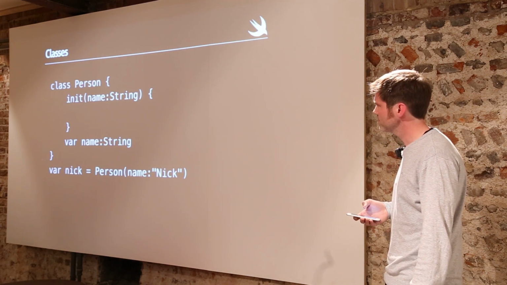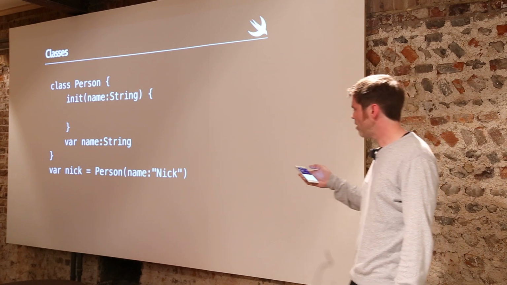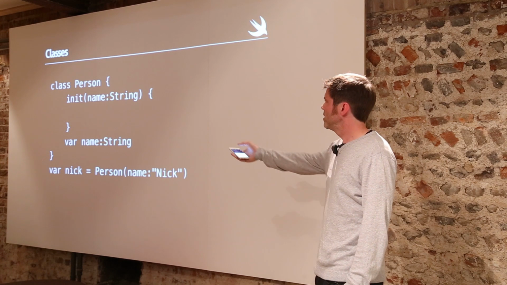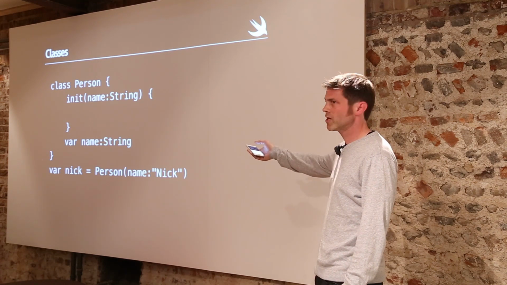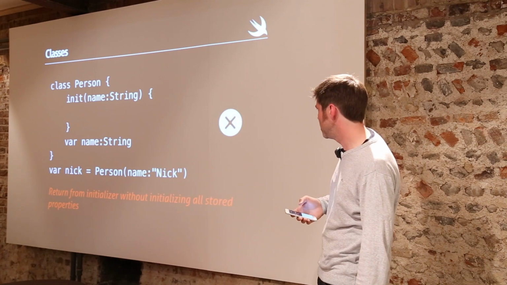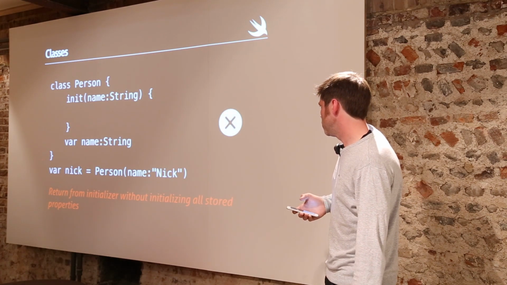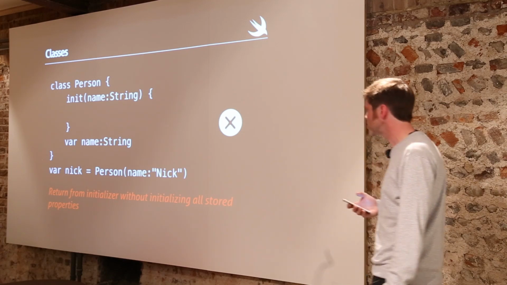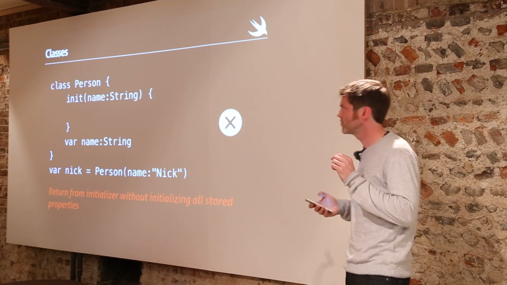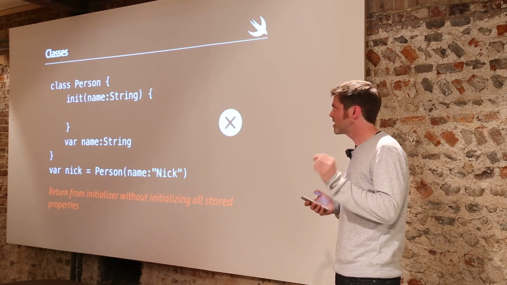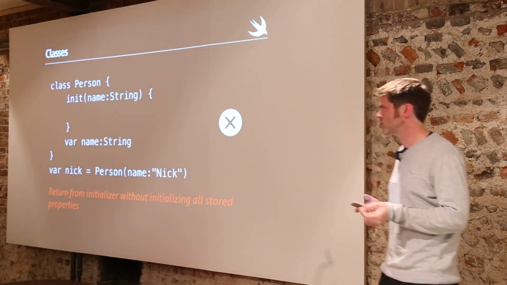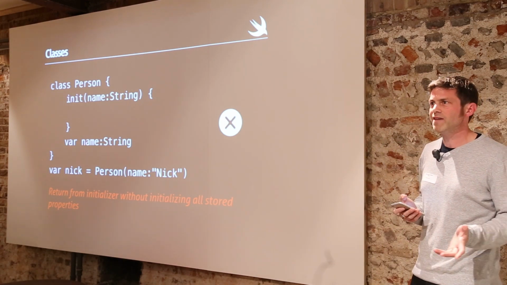Now, one thing I'm trying to highlight here is that this code is going to actually generate compile time errors. And the reason behind this, we've returned from initializer without initializing all stored properties. So basically, we've declared that our class of person has a property, and it's a string, and it's called name, but we haven't given it any value.